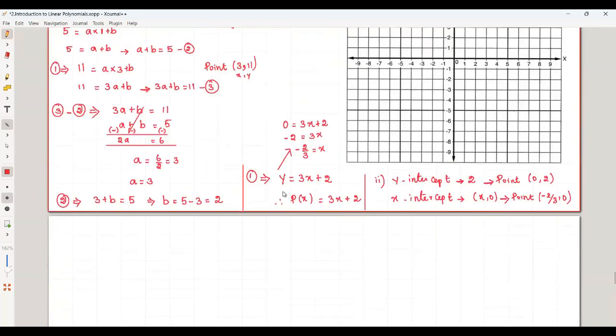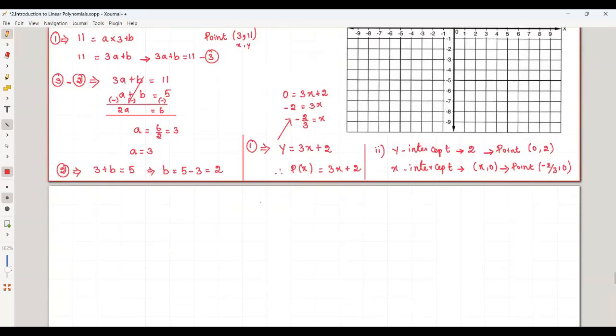What is the equation? The equation given is y is equal to 3x plus 2. First I'm choosing, let x is equal to 0. Then y is equal to 3 into 0 plus 2, y is equal to 2. Therefore the point will be 0 comma 2, first one.